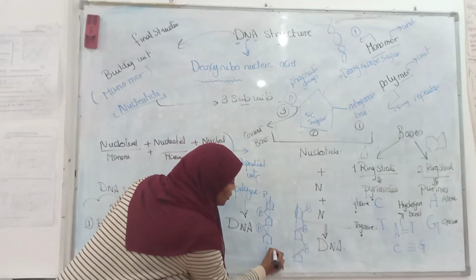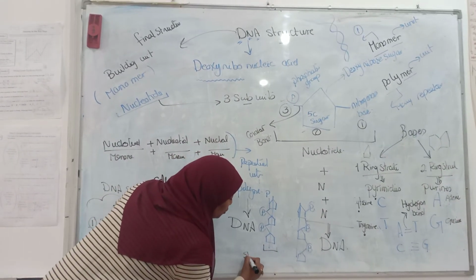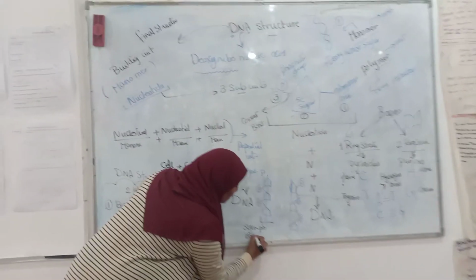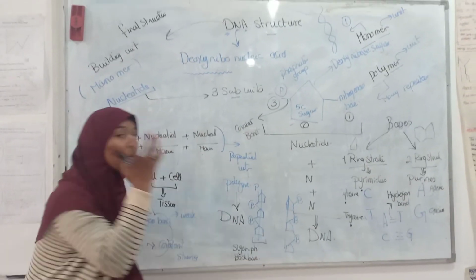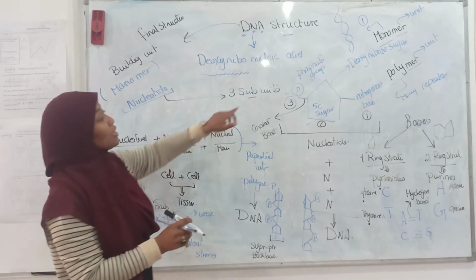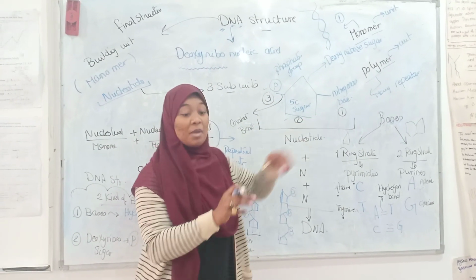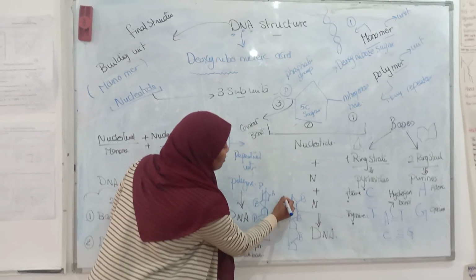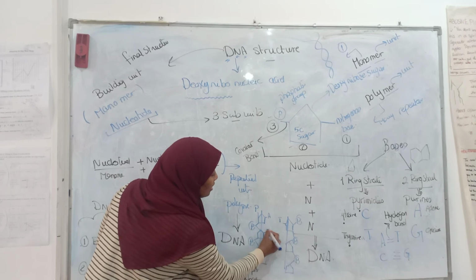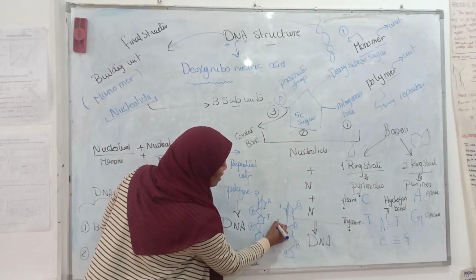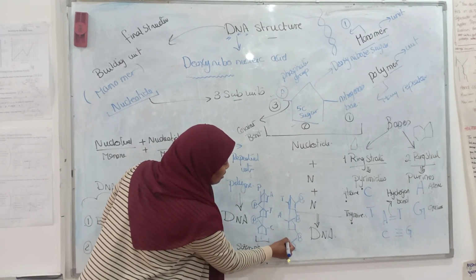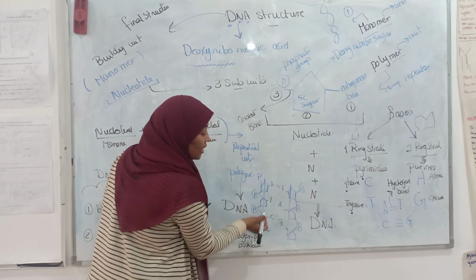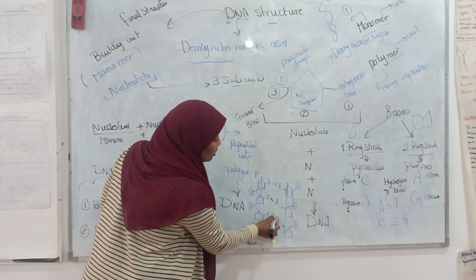This external part of the DNA is called the sugar phosphate backbone. It's the backbone of the structure. So what about the last part of the nucleotide? It's the base. Base is here. If here is A, it will be complementary to T. If here is T, it will be complementary to A. If here is C, it will be complementary to G. And the kind of bond joining the two strands together is hydrogen bond.